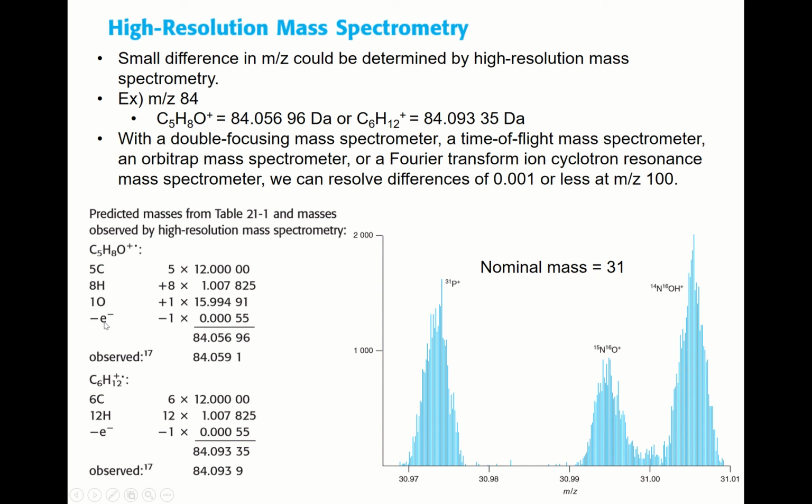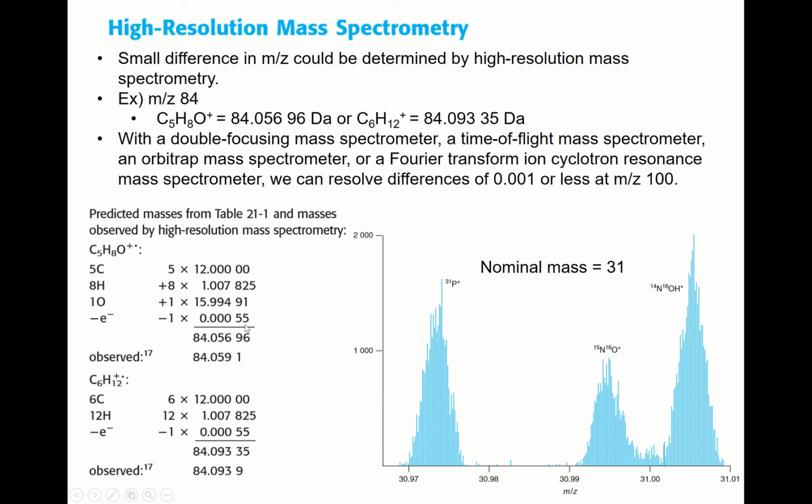But in the usual case, electrons are so light compared to the nucleus that we simply ignore the electron mass. But now we are calculating the exact mass, so let's consider this electron. One electron is lost, so we subtract one electron mass, which is 0.00055.